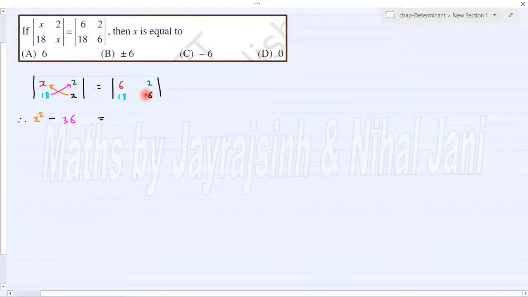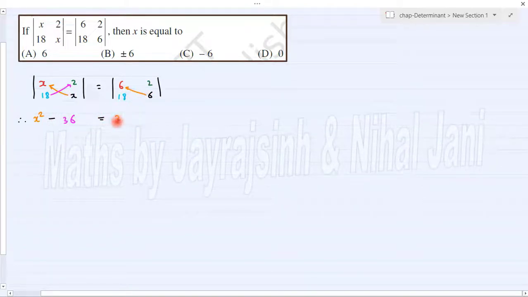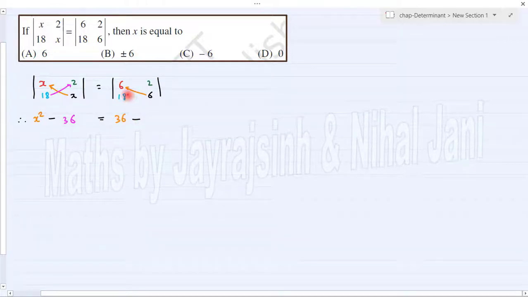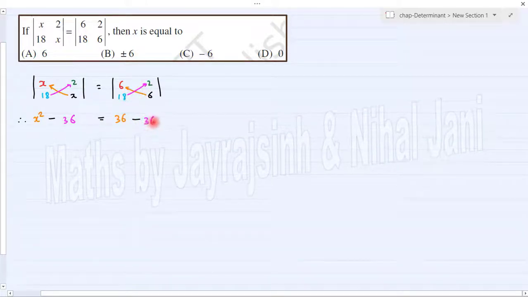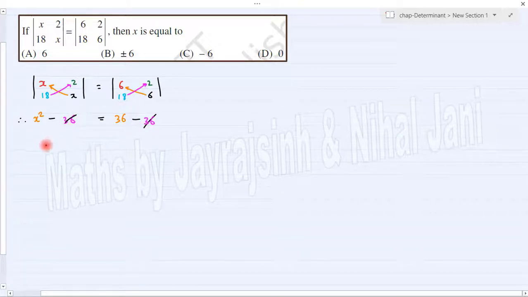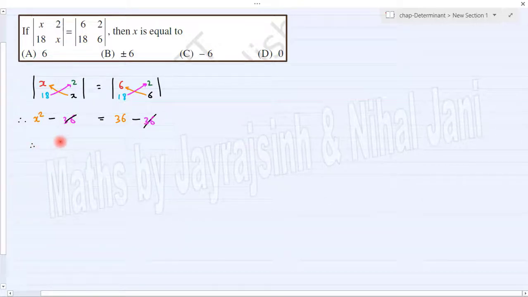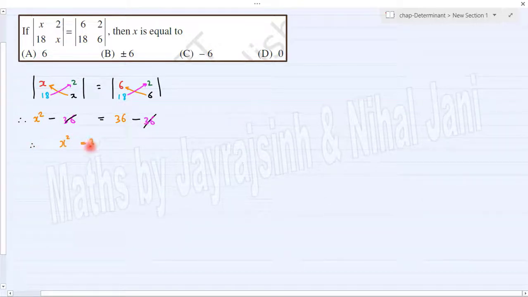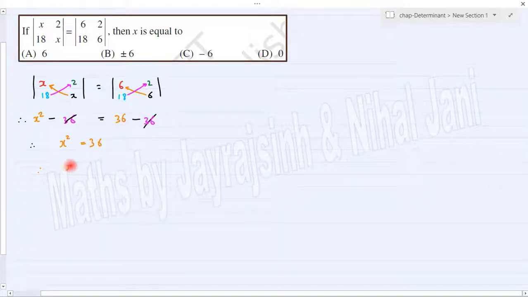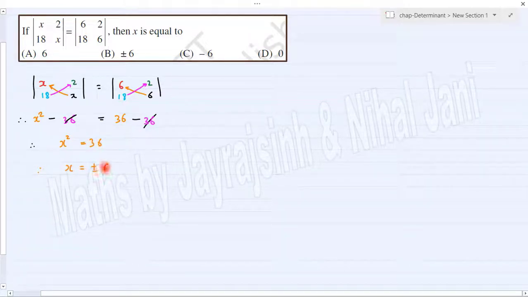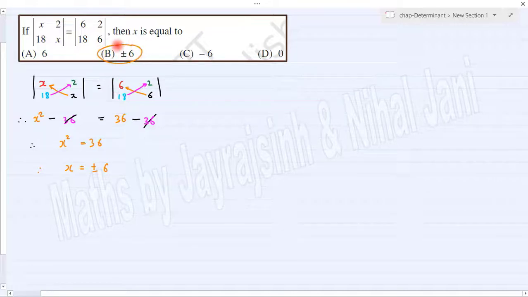And on the right hand side, 6 6s are 36, minus 18 2s are 36. So here 36 will cancel out and we will get x square is equal to 36, which will give us x is equal to plus or minus 6, which is given in option D.